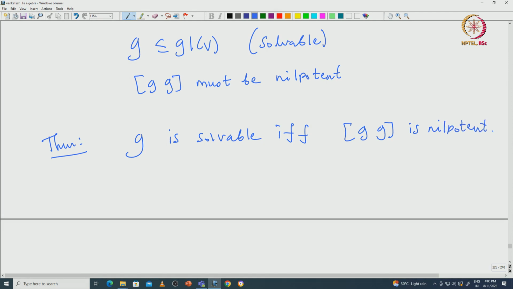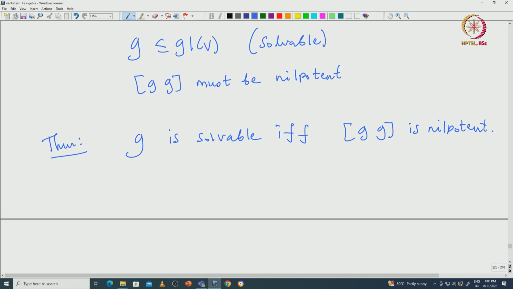If g is solvable, then we can easily see, at least for linear Lie algebras it is very clear. Maybe I will leave it to you to think about what happens for an arbitrary Lie algebra.